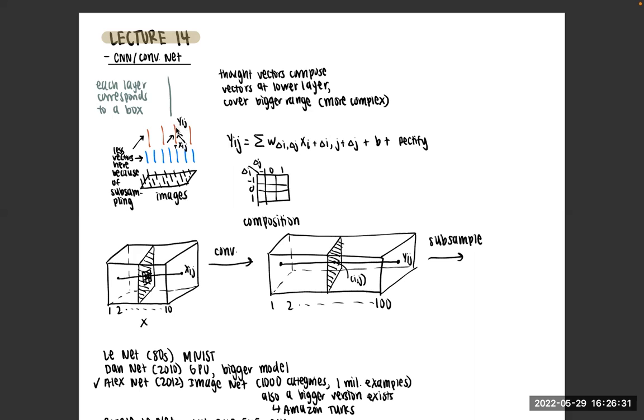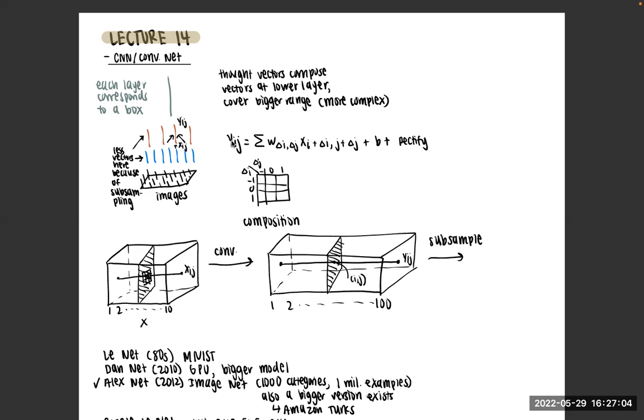Here y is the vector at this layer, and x denotes the vector at the lower layer below, so that yij is actually a composition of those vectors that are near ij with this type of small range of shift. For example, delta i, delta j may belong to -1, 0, and 1, so that we have 9 positions, right? So we combine the x vectors at these 9 positions.